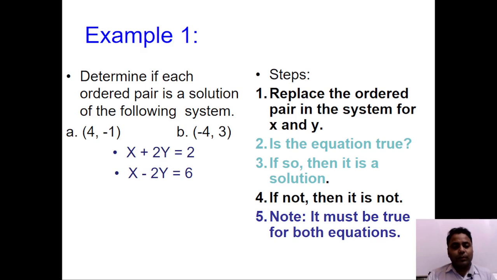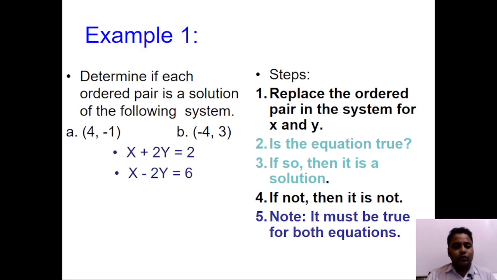And if we put minus 4 instead of x and 3 instead of y, then minus 4 plus 2 times 3, that is 3 times 2 is 6, 6 minus 4 equals 2. This is true for equation 1.